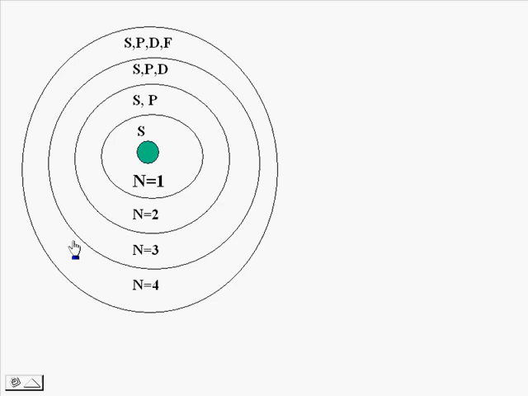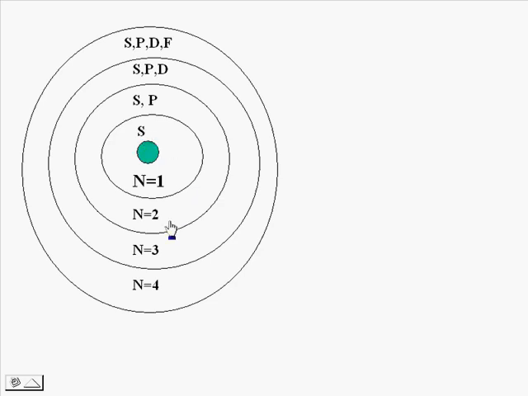Here's a representation of all the quantum energy levels, describing what kind of shapes exist in each of these. At n equals 1, which is the closest to the green nucleus in this example, it's the smallest area, and so the only shape that can reside in there is the s-shaped sublevel.